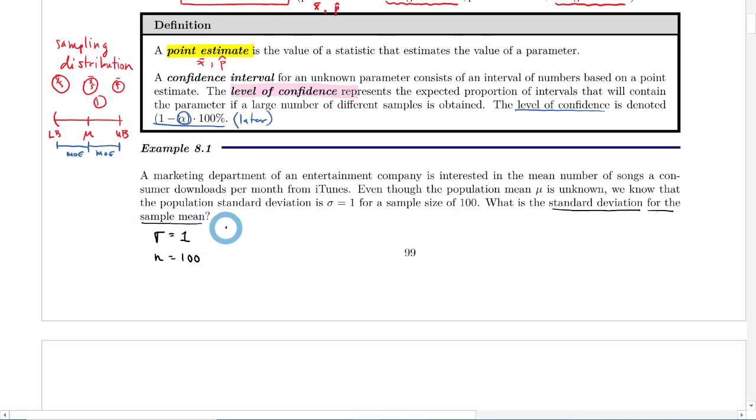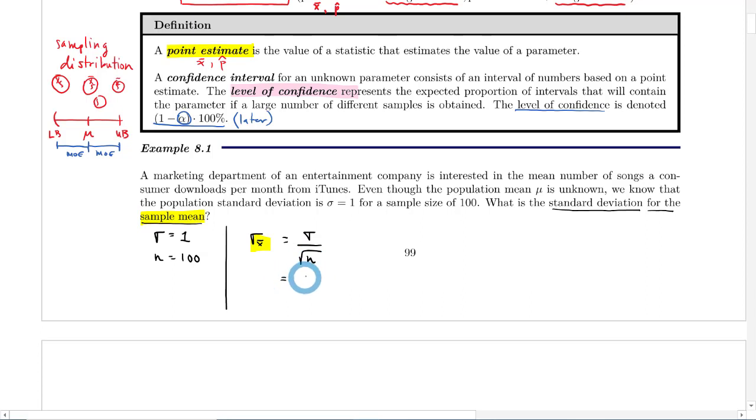Well, recall that because it's a sampling distribution, we have to find the standard deviation with respect to the distribution. In this case, it will be the sample mean. So this little symbol goes with the point estimate. Well, that's just going to be, recall, the population standard deviation over the square root of n.